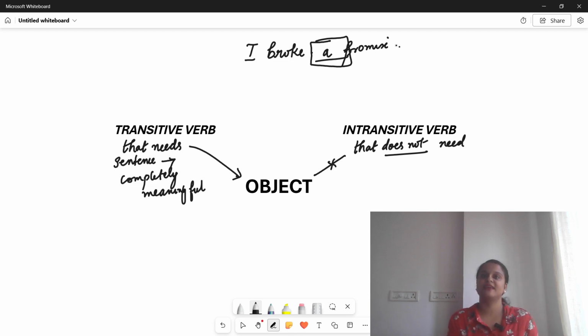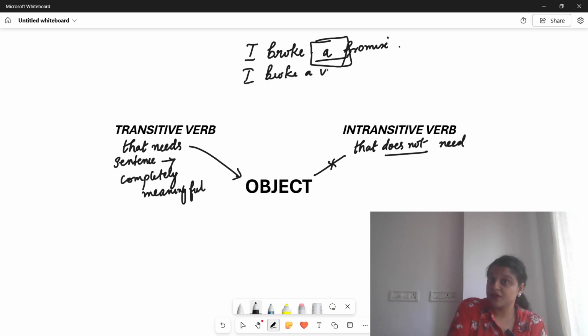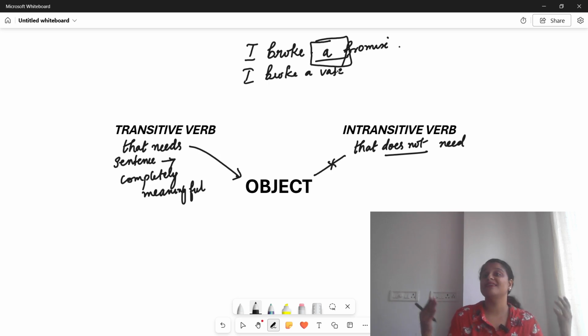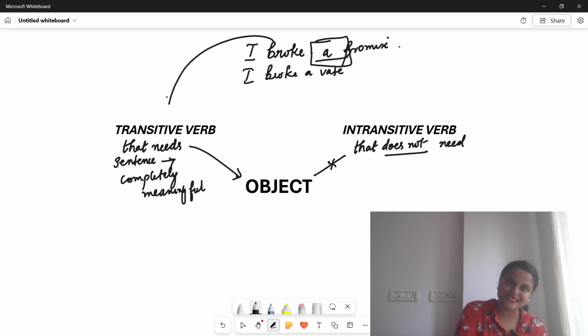And I broke a promise is different from I broke a vase, or if I say that I broke a man's spirit. These are completely different sentences, and the difference lies in me saying the object. So in this context, the word break is a transitive verb because it needs an object to make complete sense.